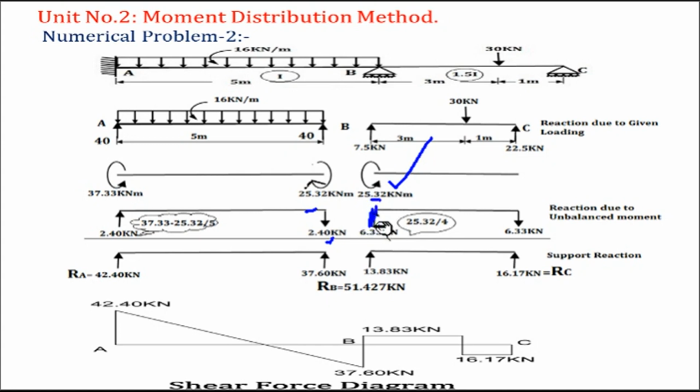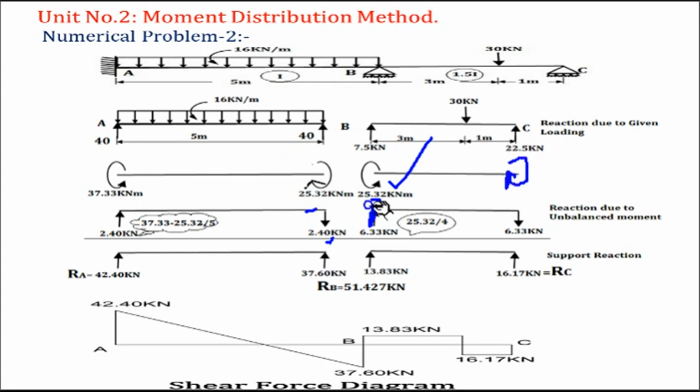And the arrow. Now how to show the arrow? Show the arrow in such a way that a moment will be generated and it will balance your end moment 25.32. It is anti-clockwise, so a clockwise moment should be generated.